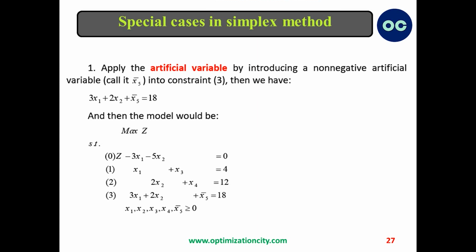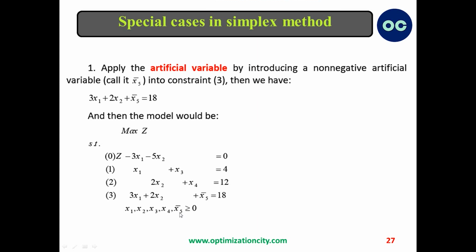To get an initial basic feasible solution, you can create an artificial variable, x5 bar. You can do this by making two changes in the original model. Add an artificial variable, call it x5 bar, to constraint 3 and make sure it's nonnegative. So it means a nonnegativity constraint.